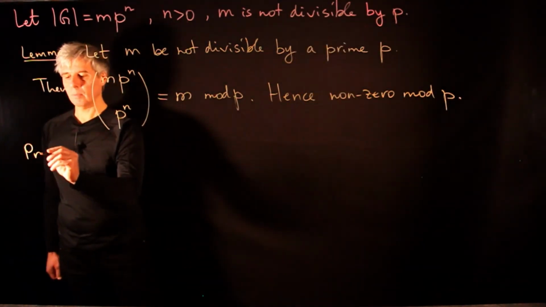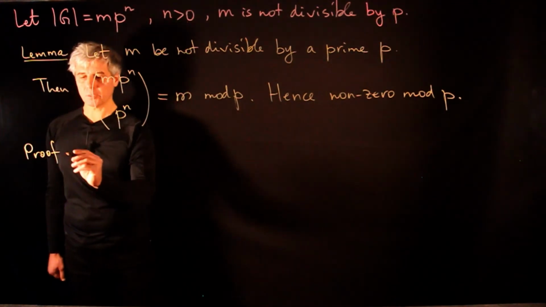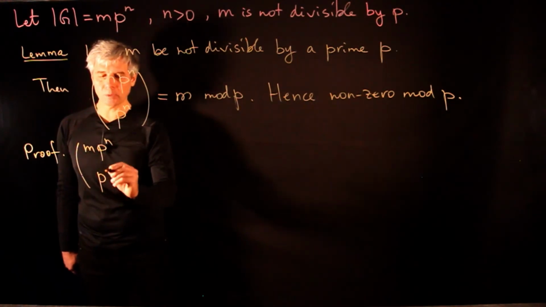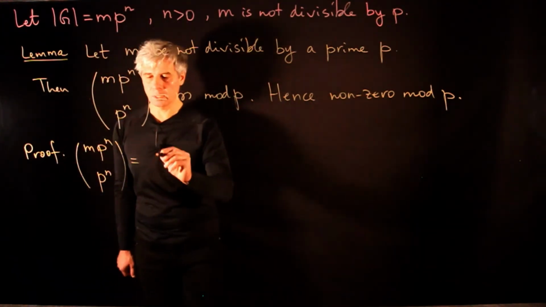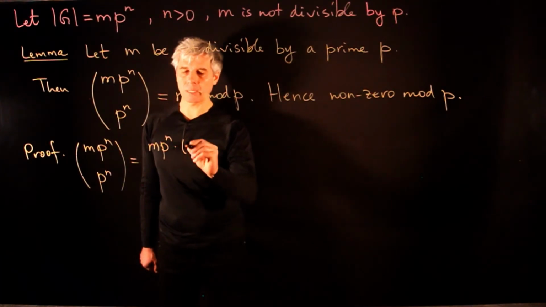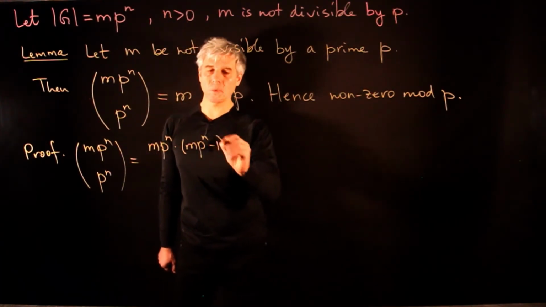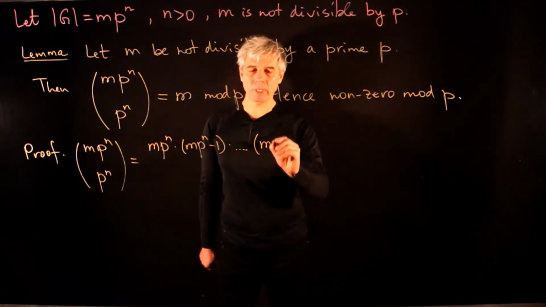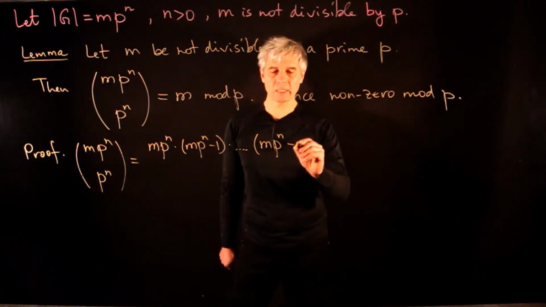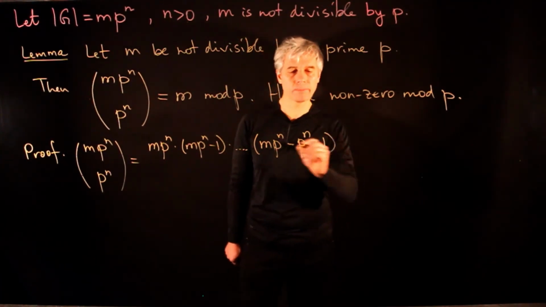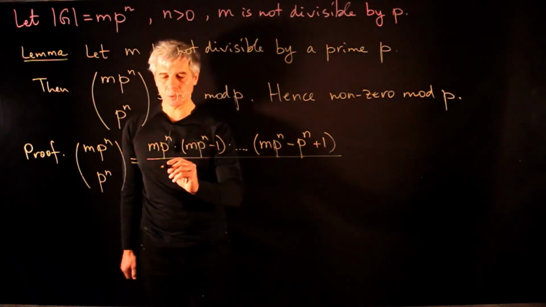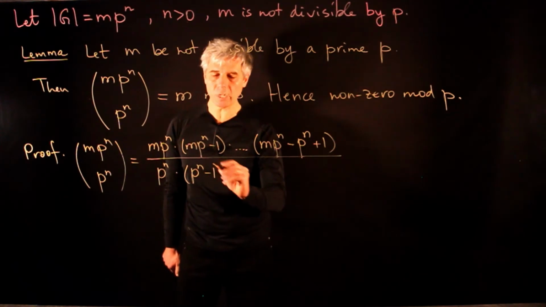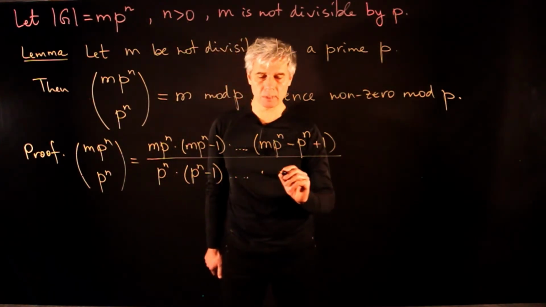So for the proof, let us write down the expression for this binomial coefficient. m p to the n choose p to the n is equal to m p to the n times m p to the n minus 1 times dot dot dot times m p to the n minus p to the n plus 1, over p to the n factorial, which is the product p to the n times p to the n minus 1 dot dot dot times 1.